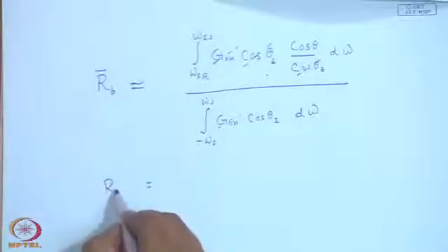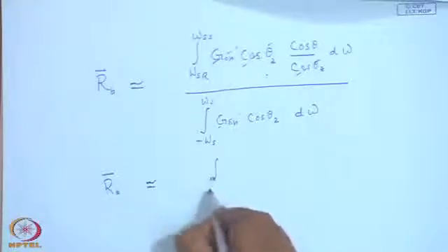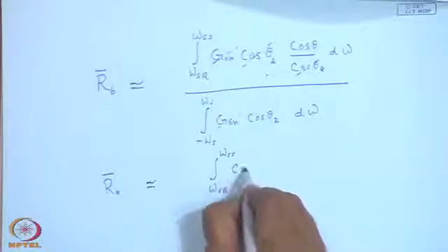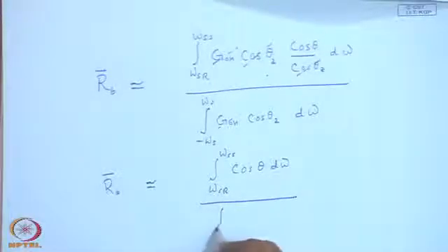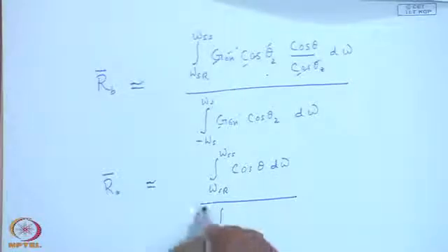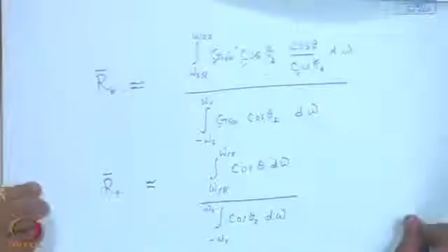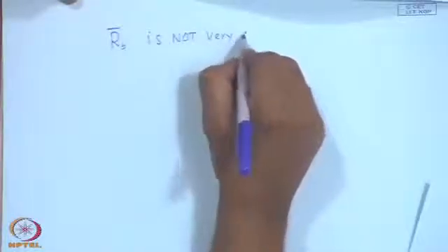So, my R b bar is approximately equal to the integral from omega SR to omega SS of cos theta d omega, divided by the integral from minus omega s to plus omega s of cos theta z d omega, right. So, R B bar is not very complicated.